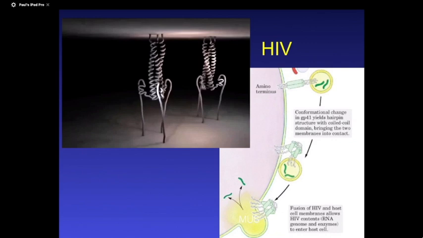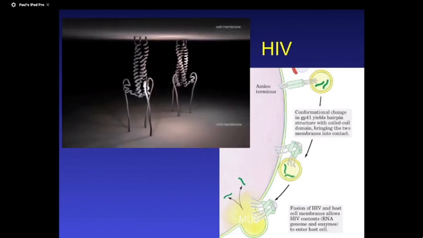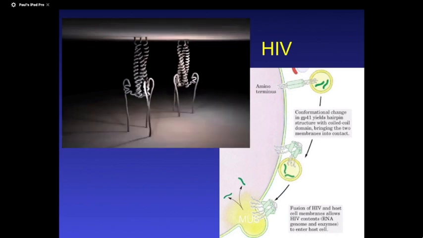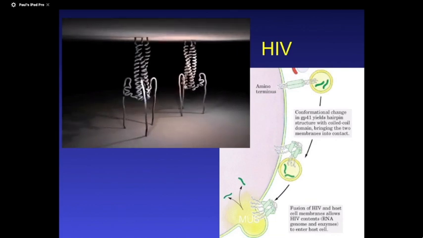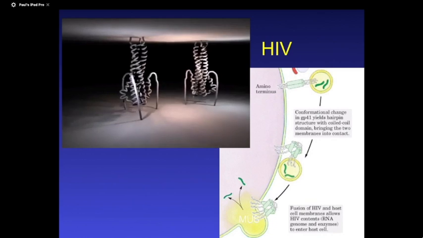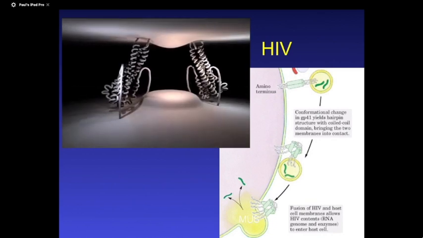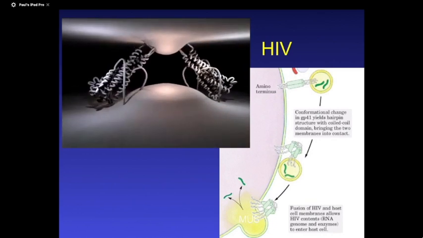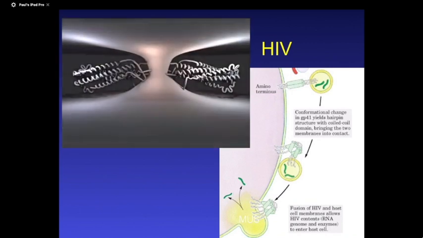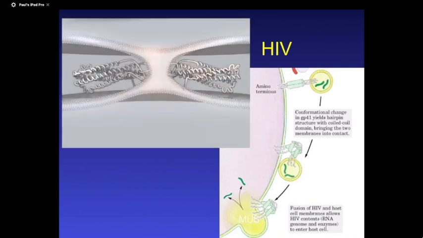But what really happens is there's a consequence when that structural change starts to interplay. There it goes. As it makes the structural change, you see the membranes are coming together, and it actually buds out the two membranes, and it creates the local disruption.